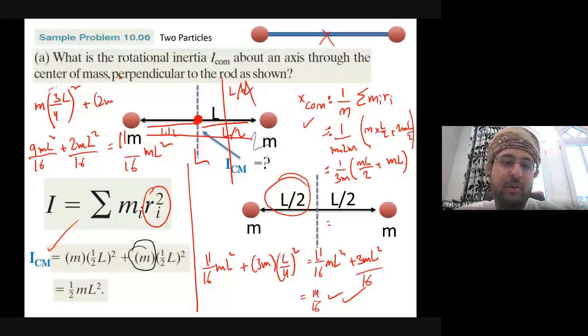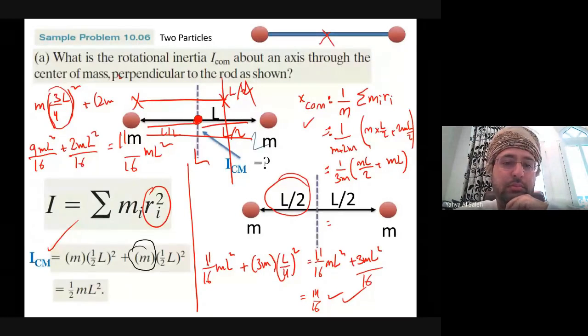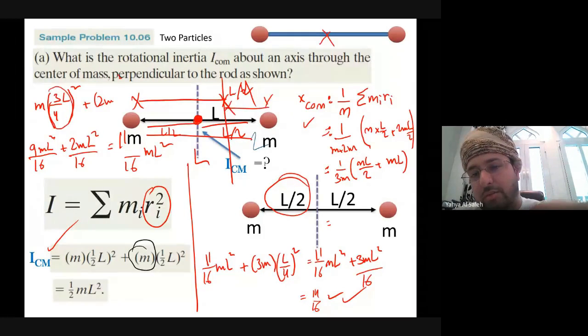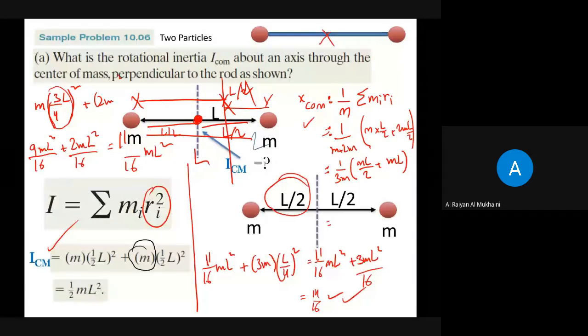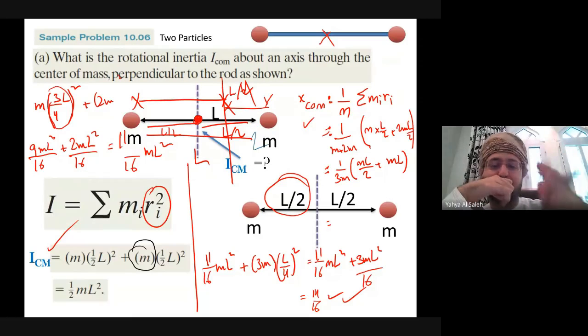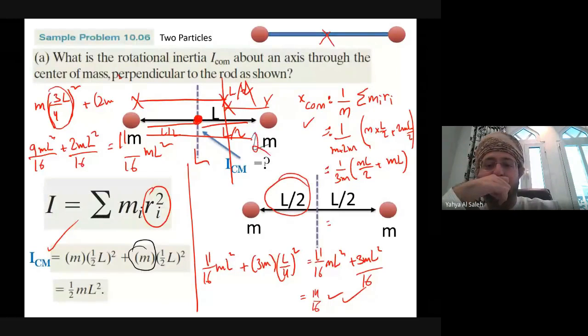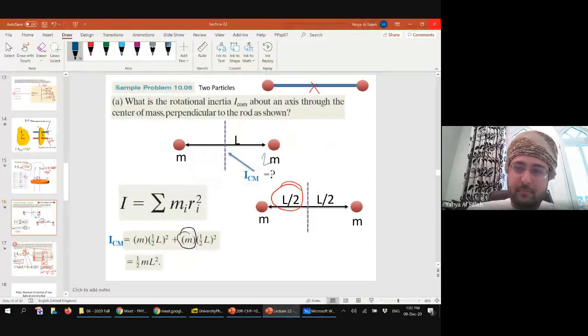So when I come here I put 3 over 4 L because it's the distance from here to the center of mass here. And then from here to here is just L over 4. Because the location of the center of mass changed. It's no longer in the center. It's a bit to the right because this is twice as heavy. Okay.